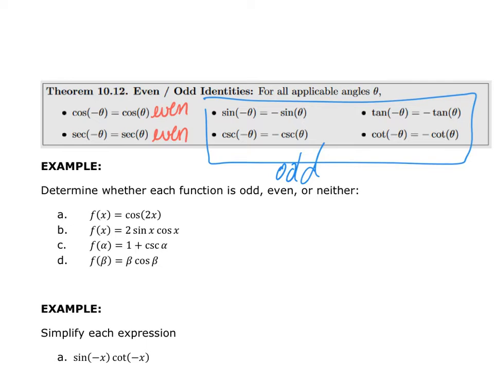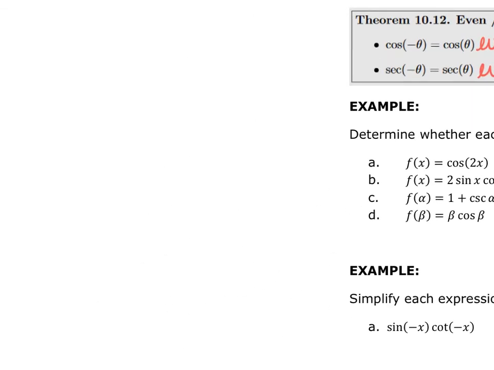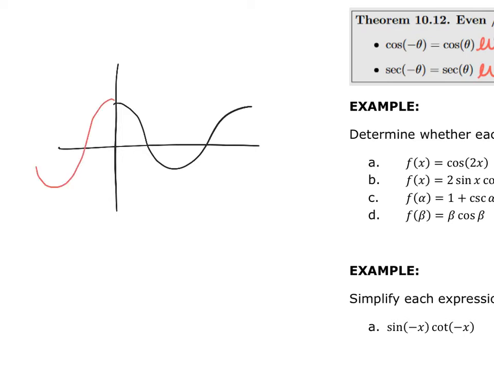So if it's even, is it symmetric? Okay, so the question was if it's even, is it symmetric? Well, yeah, this is what the cosine wave looks like, give or take. Because we have symmetry with respect to the y-axis, the other side is going to match with a mirror image.